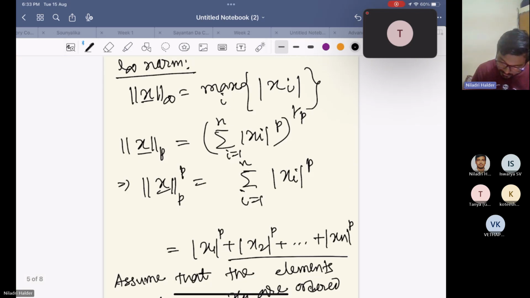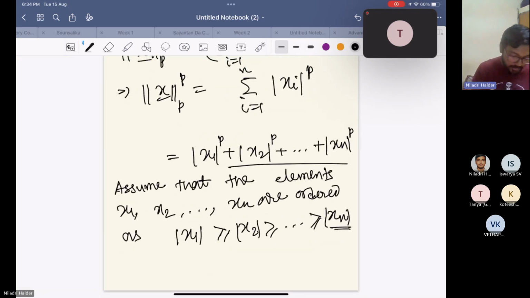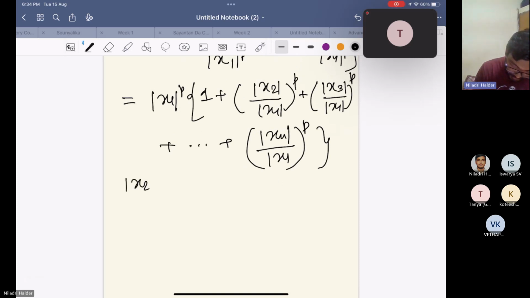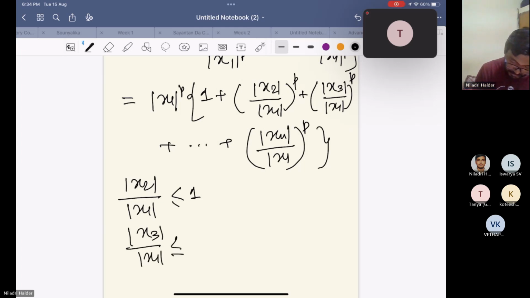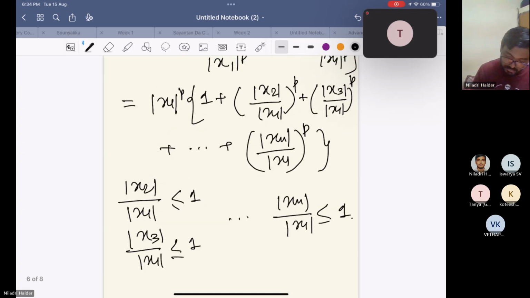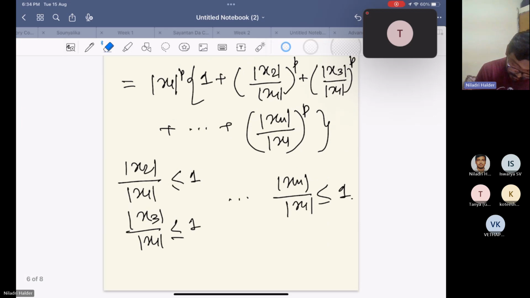Now here we have mentioned that mod of x1 is more than mod of x2, and mod of x2 is more than mod of xn. So as mod of x1 is more, mod of x2 by mod of x1 is less than 1, and mod of x3 by mod of x1 is also less than 1. Everything is less than 1 here, even the last element, mod of xn divided by mod of x1, is less than or equal to 1.